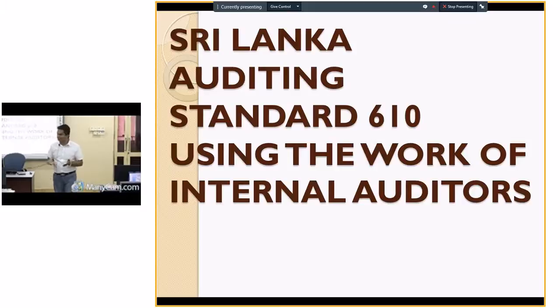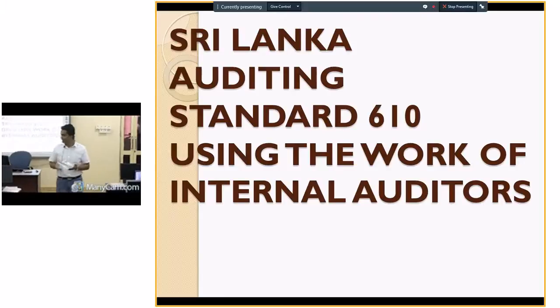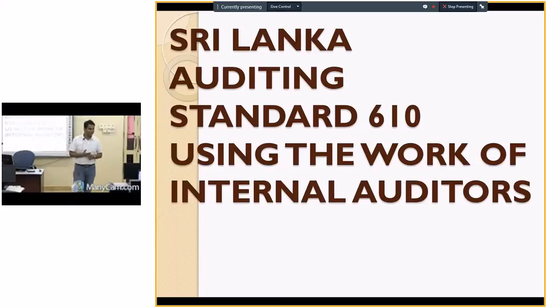We discussed control risk, inherent risk and detection risk last week. So if you have internal auditors in that business, it means some controls are there and they are checking on that. We have some comfort as external auditors. So then we can assess the internal auditor's work, or use the internal auditor's work, what they have done.